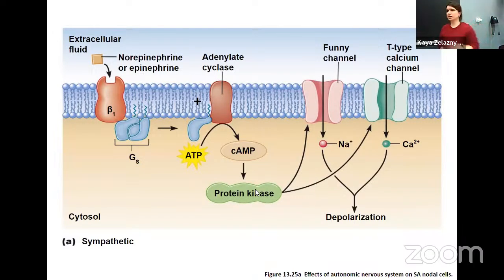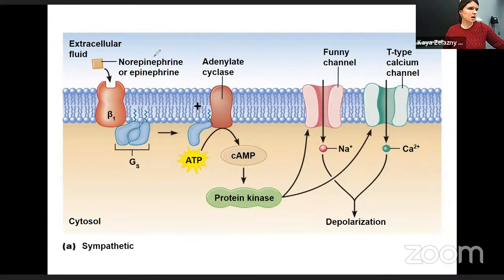This is pretty much traveling through that flow chart of what's going on with our sympathetic nervous system and the heart, but we're looking a little more in detail. Here we see our neurotransmitters associated with our sympathetic nervous system.